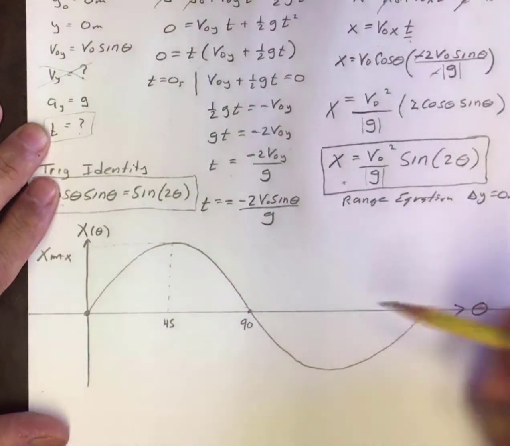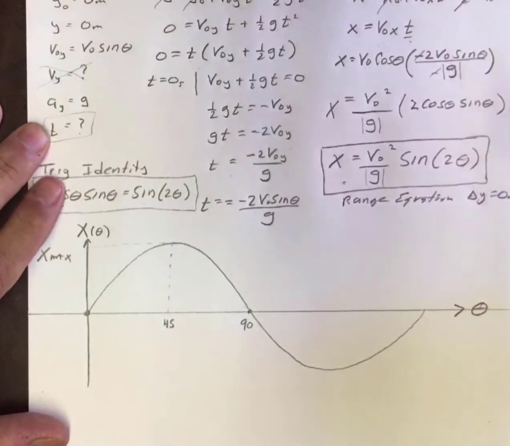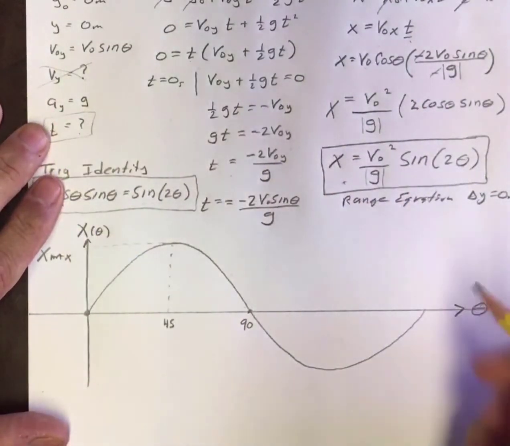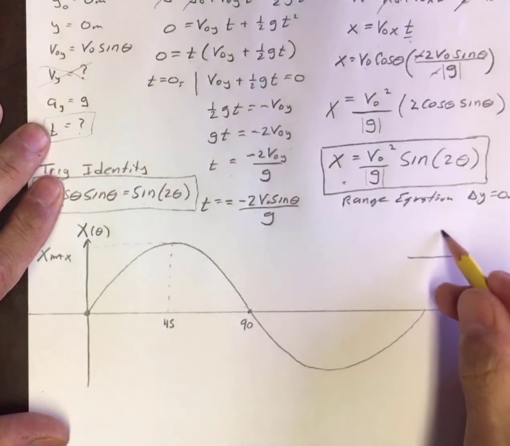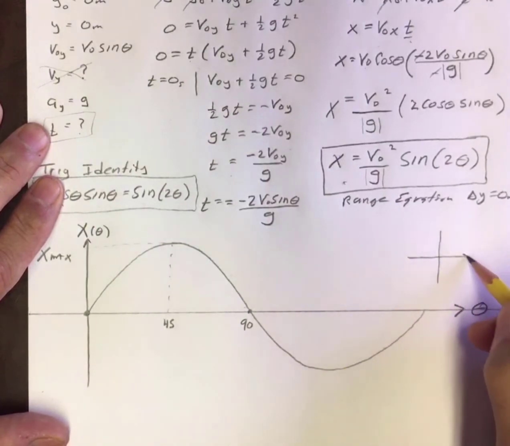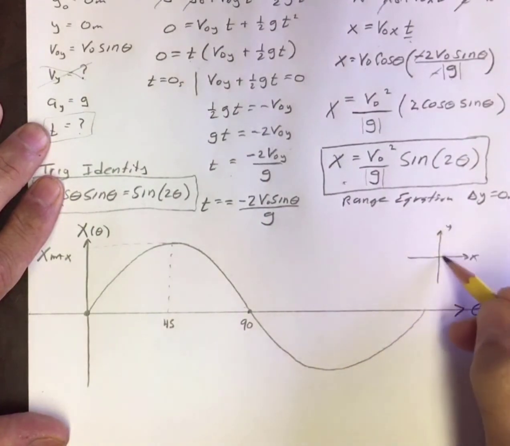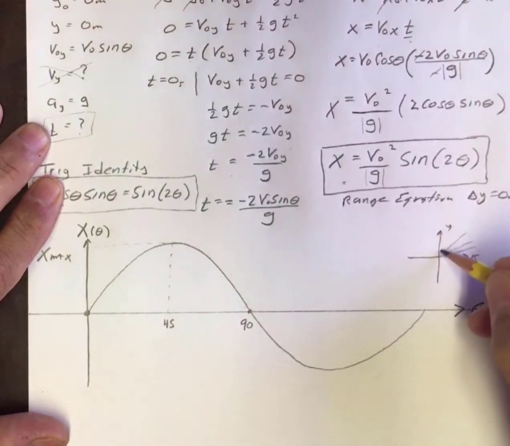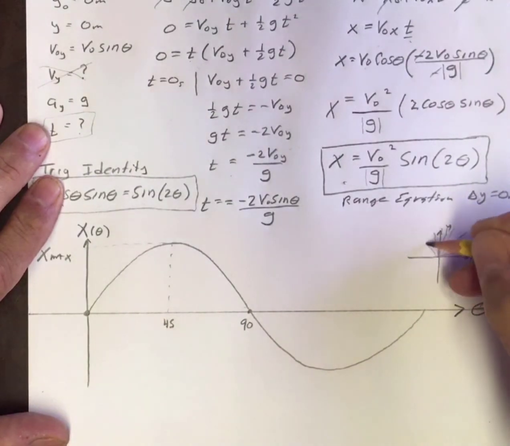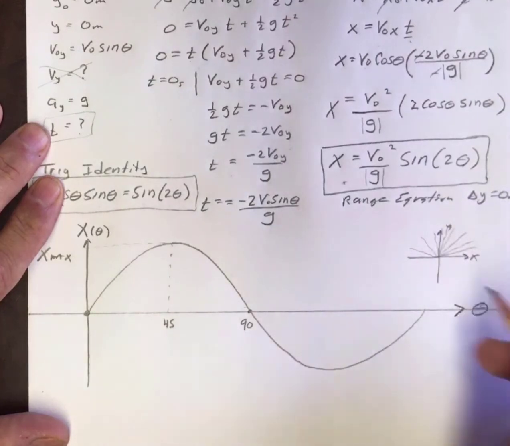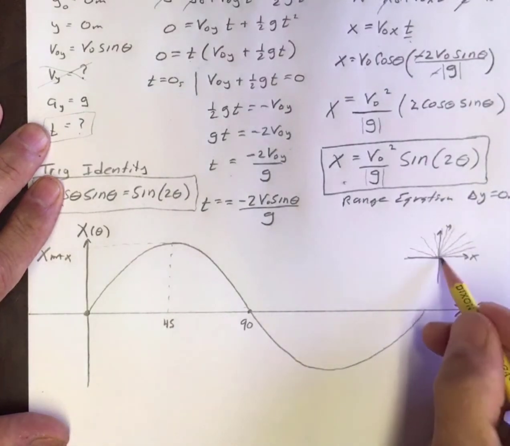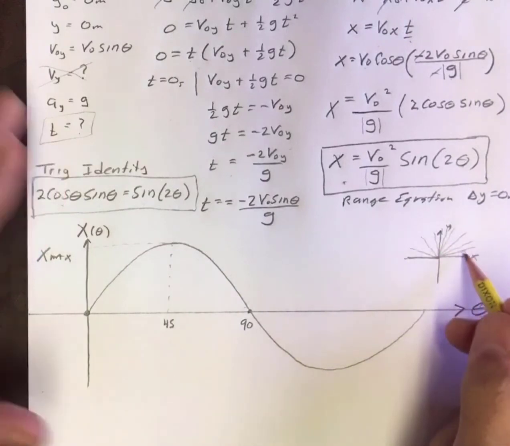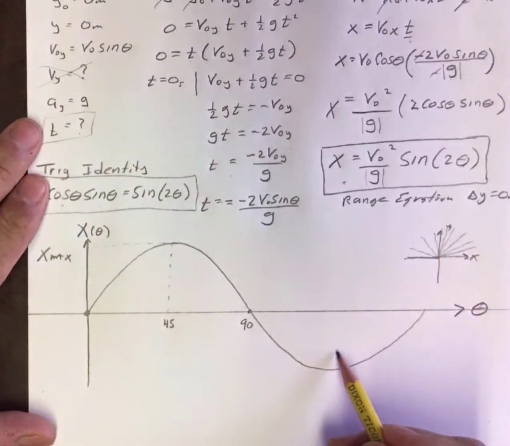And then, strangely enough, if I keep going, if I'm launching in the first quadrant, like 25 degrees, 30 degrees, 45 degrees, 60 degrees, 80 degrees, 90 degrees, I can keep going and go 110, 135, 165, and finally get to 180. I could launch anywhere here above the ground, right? So that's what's happening here.